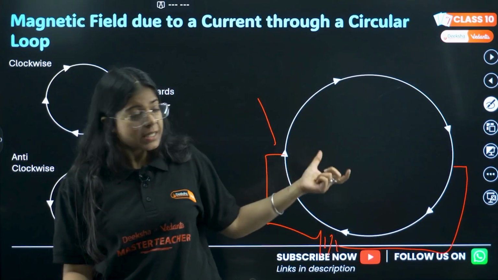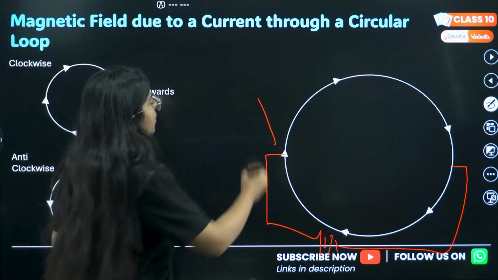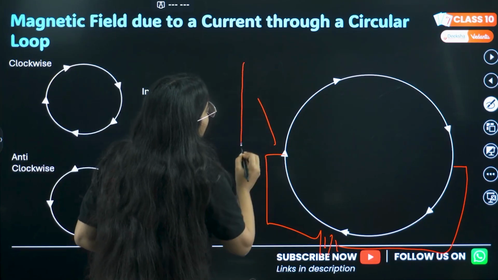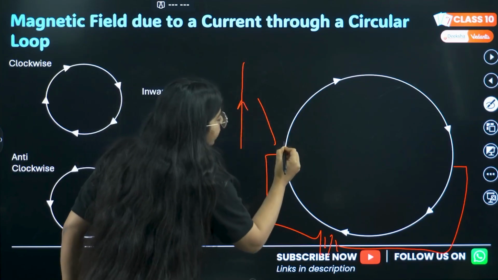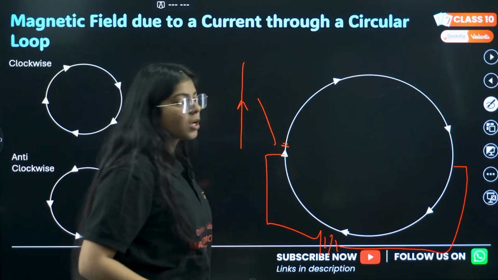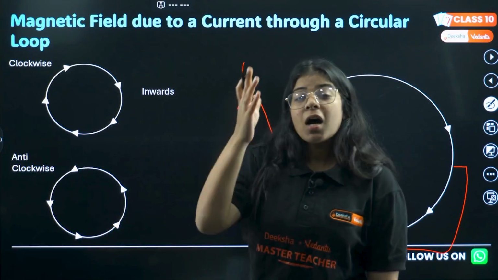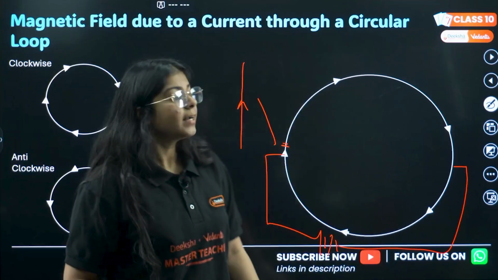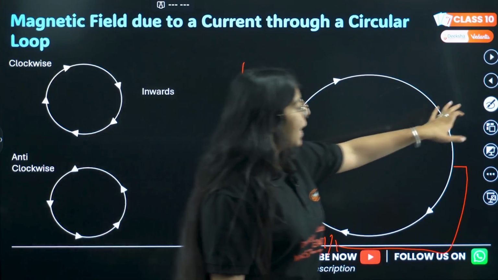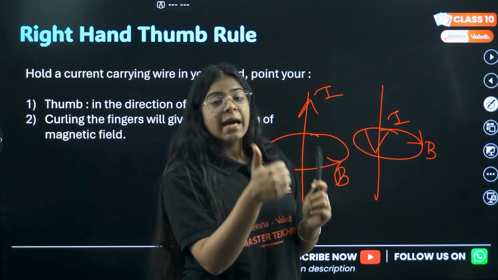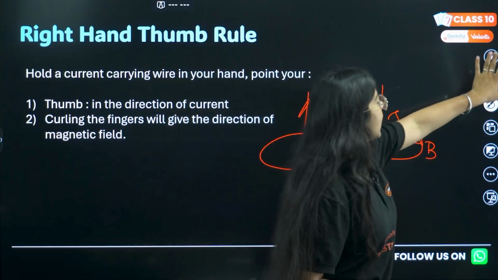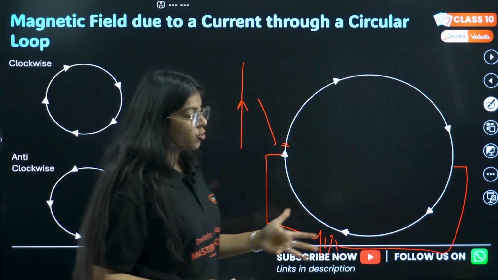Similarly, if I zoom in on this circular loop and keep zooming in, this small point of the circular loop will appear to be a straight line to me. And we have studied the right hand thumb rule. If there is a straight line, just point the thumb in the direction of current, and the curling of fingers will give you the direction of magnetic field.